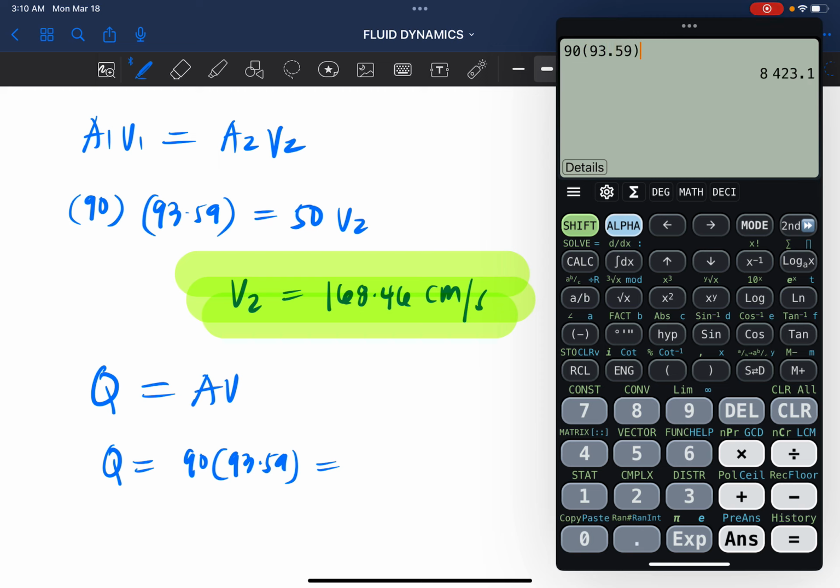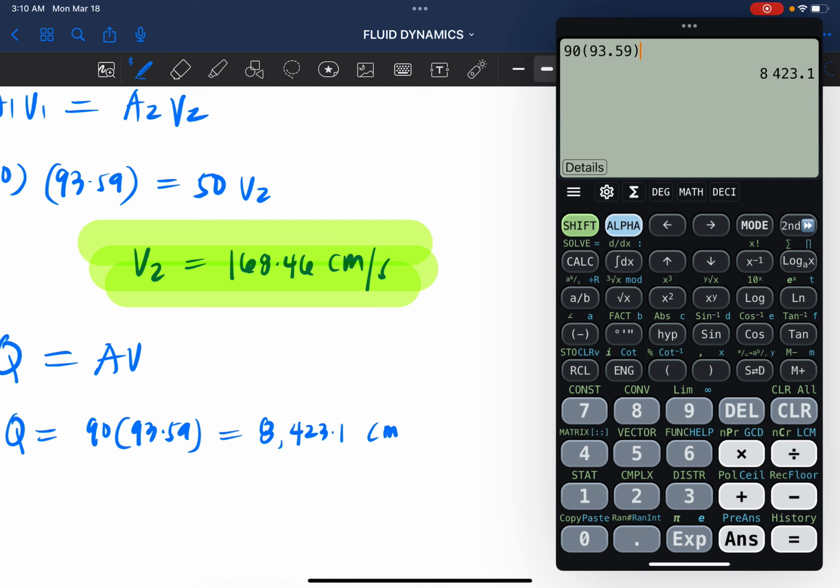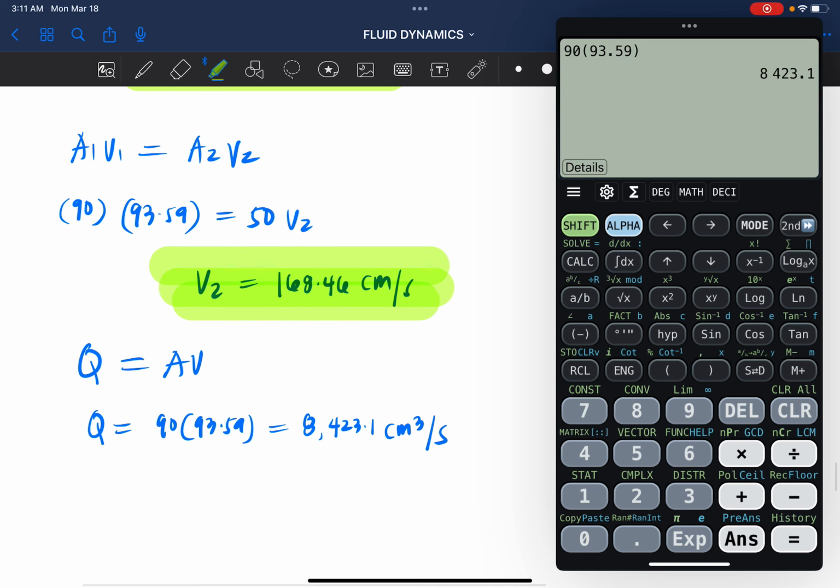This is 8,423.1. Since centimeter to, this is cubic centimeter per second. Cubic centimeter per second. So, ayan.